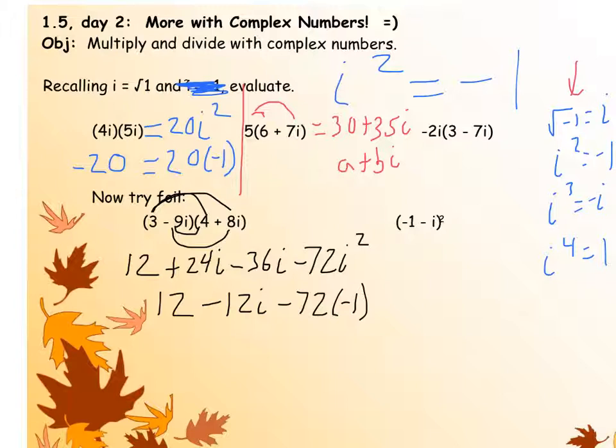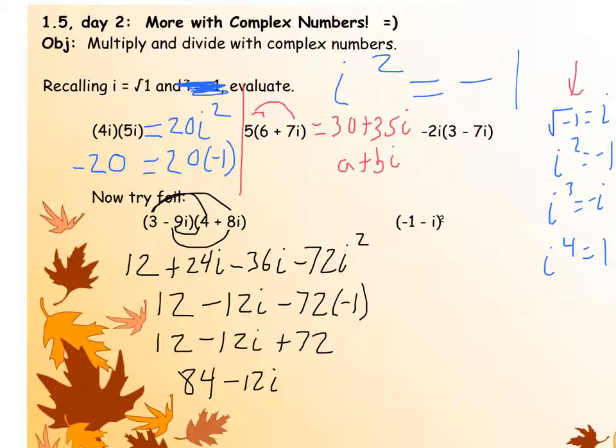All right. 12 minus 12i plus 72. When I take -72 times -1, I can add those real components of 12 and 72. I get 84 minus 12i. That's what I'm looking for with the real component and the imaginary. And I'm good. I'm good to go on that one.